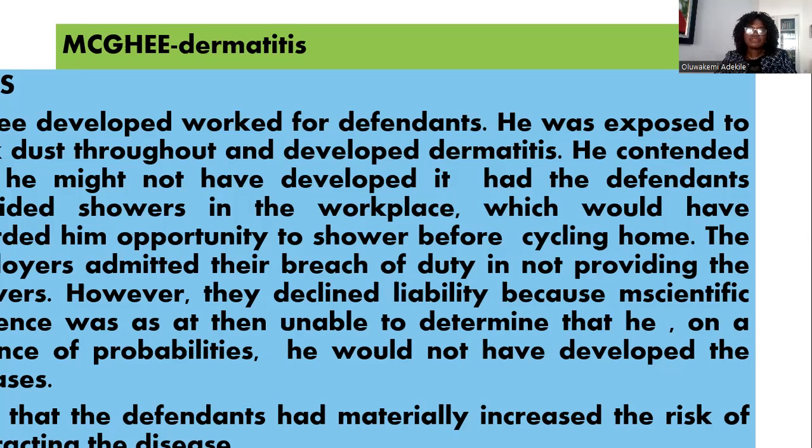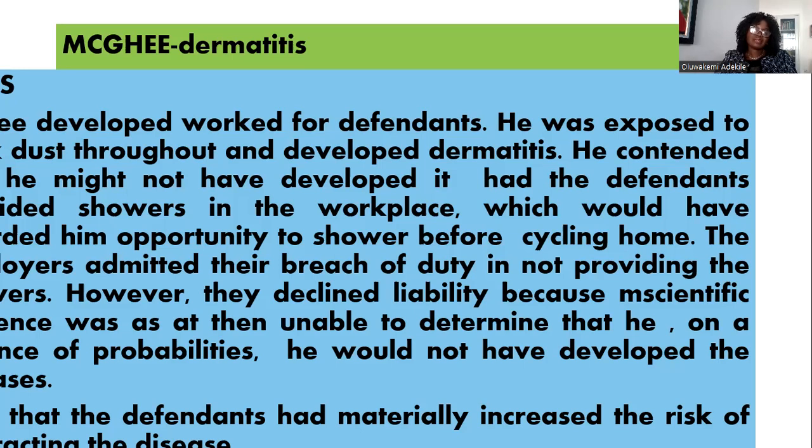The court held that the defendants, by failing to provide those washing facilities, had materially increased the risk of contracting the disease. So you might ask yourself the question, in practical terms, perhaps there are employees who had washing facilities in their own place of work, and they didn't, for instance, develop dermatitis.